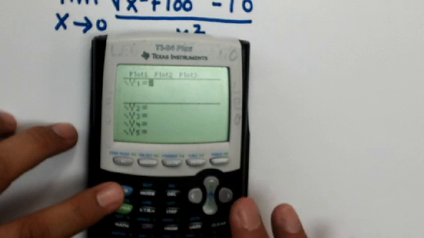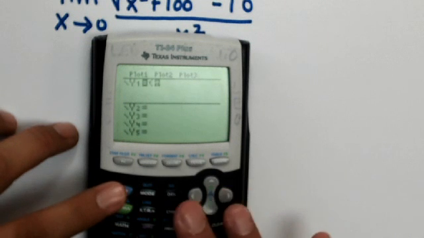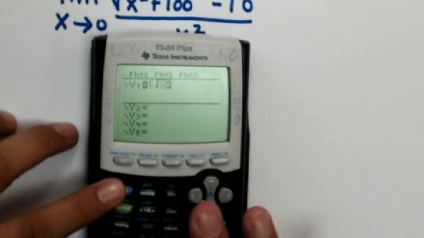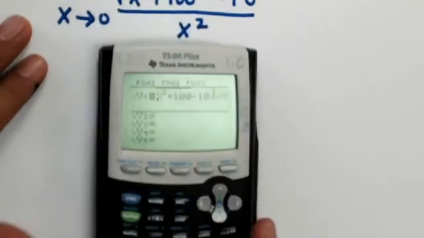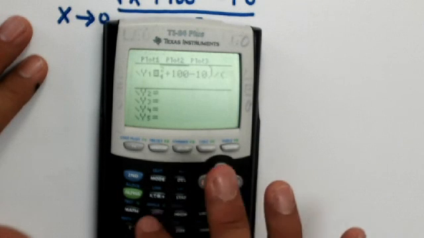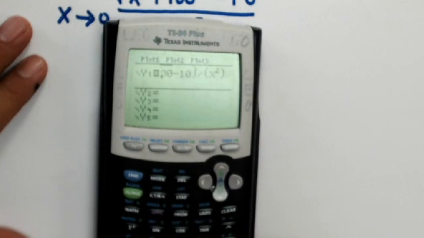It would be parentheses, square root of x squared plus 100, and then get out of that, minus 10. You're going to have to close it now. Divided by parentheses x squared. Close it.